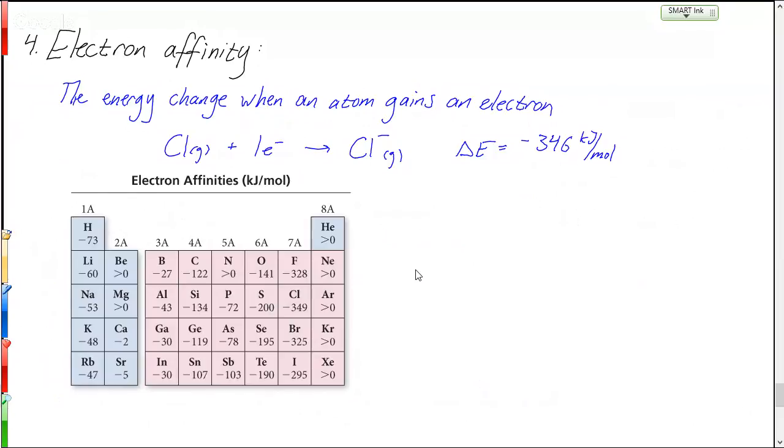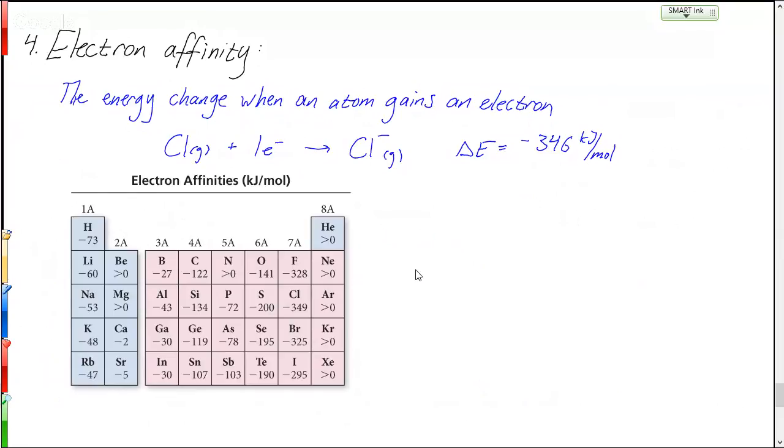Positive electron affinities we usually don't worry about. We just kind of say, okay, those are atoms that have very, very low magnitude of electron affinities. So you'll see here it just says greater than 0. All metals pretty much have either very small magnitude or greater than 0 electron affinities, which means they don't want to gain electrons.